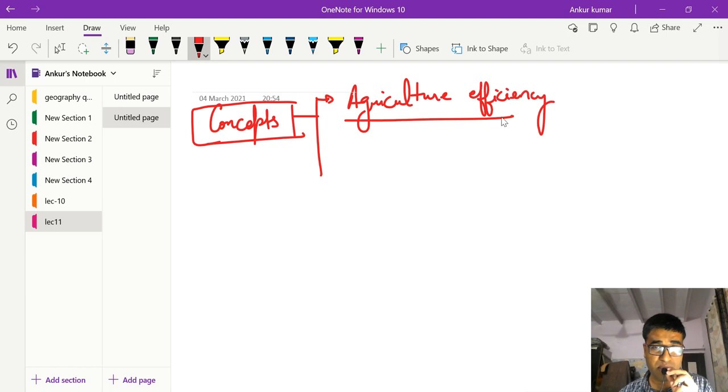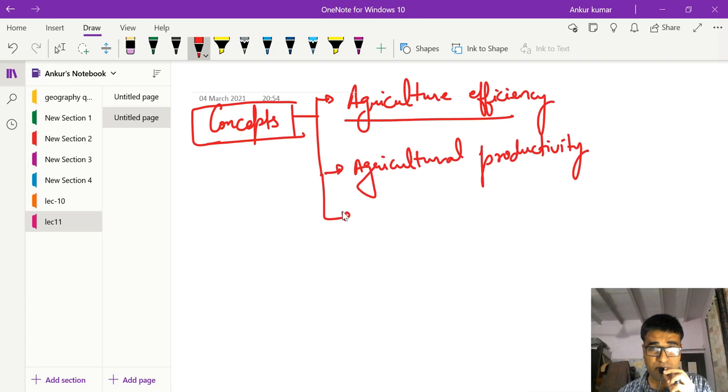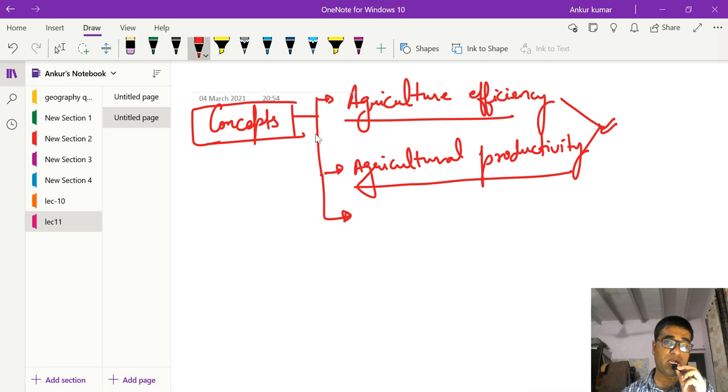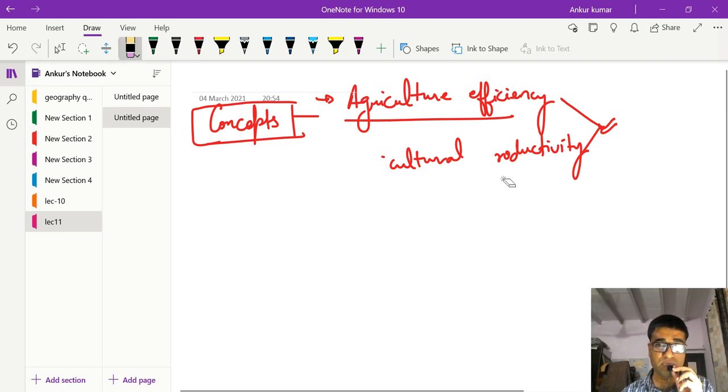Then we will study agricultural productivity, and after that we will study the difference between these two, agriculture efficiency and agriculture productivity. So let us first start with agriculture efficiency.